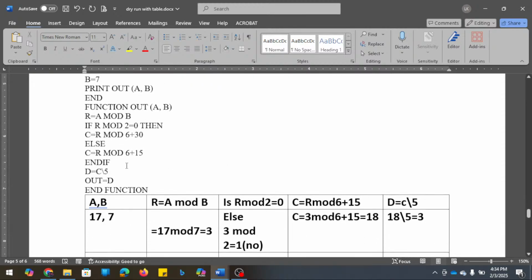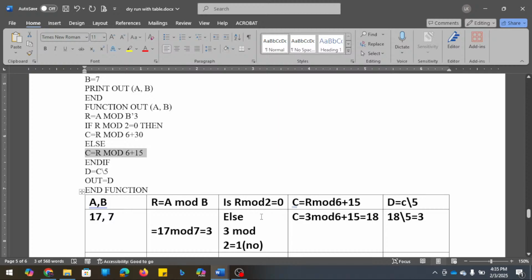So we get R, giving us 3. Now R mod 2, so that is not 0. It is not going to execute. This is going to execute.